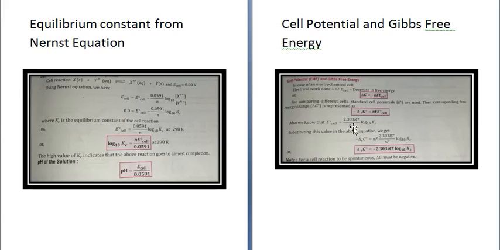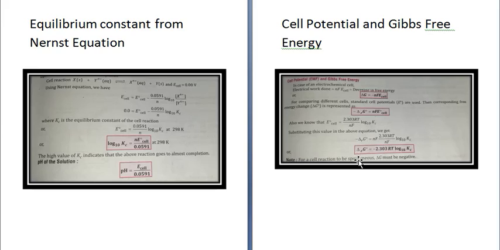So substituting the value in the above equation, we get minus delta G0 is equal to nF times 2.303 RT upon nF log10 Kc. nF will get cancelled out.